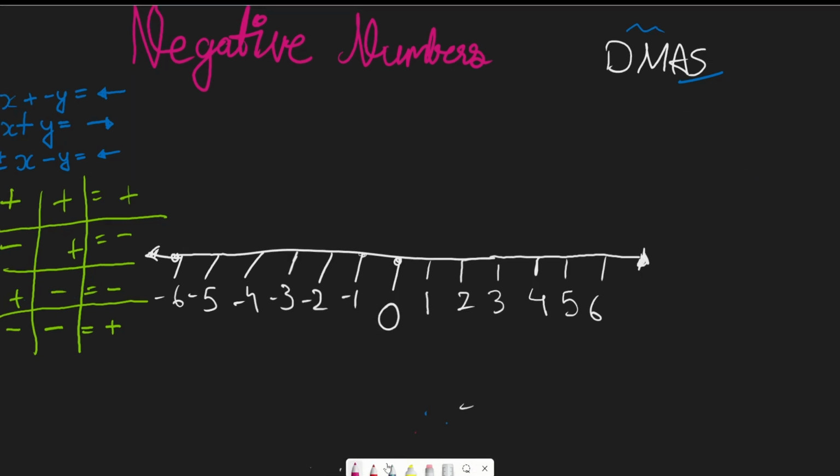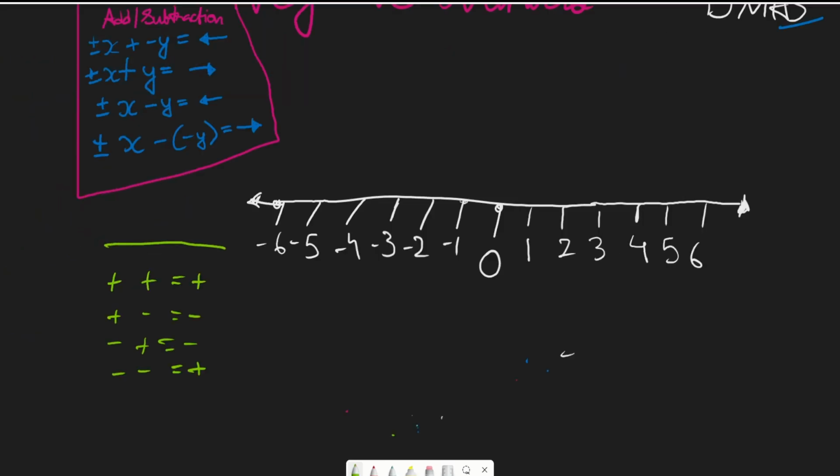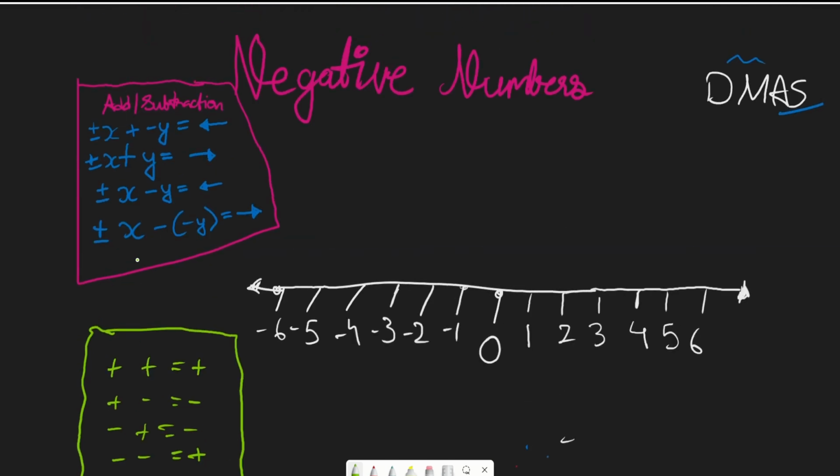Now let's look at division and multiplication of negative numbers. Right. So we have our rules here. This is for addition and subtraction. This is an important rule. Now this applies to division and multiplication as well. However, in division and multiplication, if there are numbers in between these signs, the rule still applies.